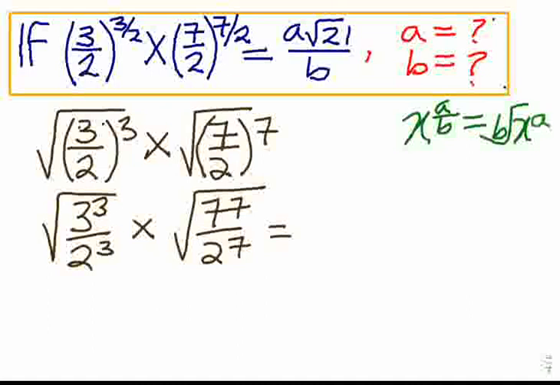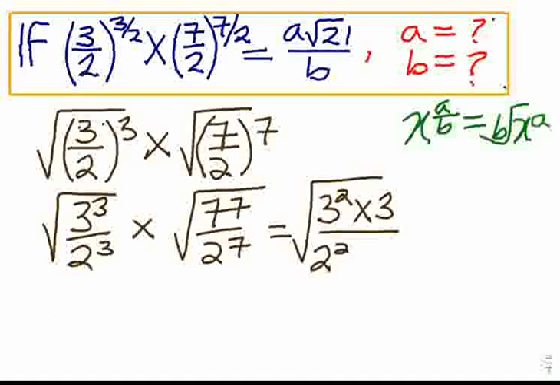To easily find the square root, I am going to split each of them. This 3 raised to power 3 will be split as 3 raised to power 2 multiplied by 3. The 2 raised to power 3 will be split as 2 raised to power 2 multiplied by 2.